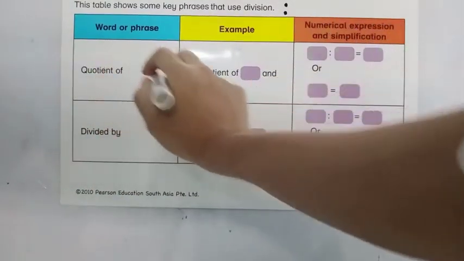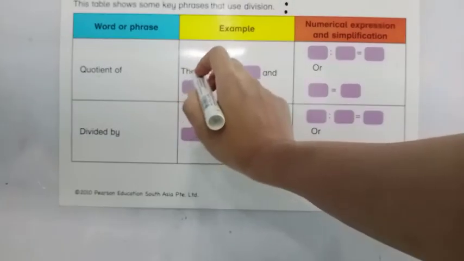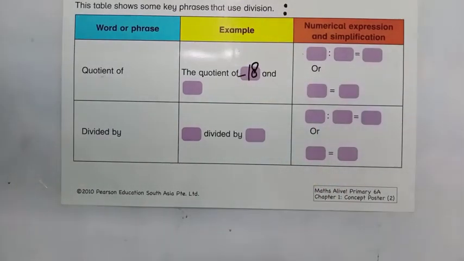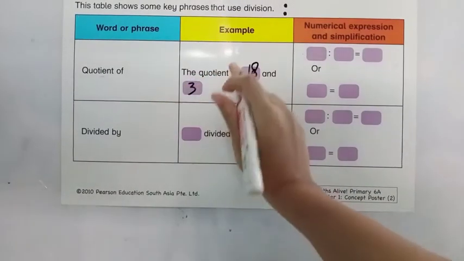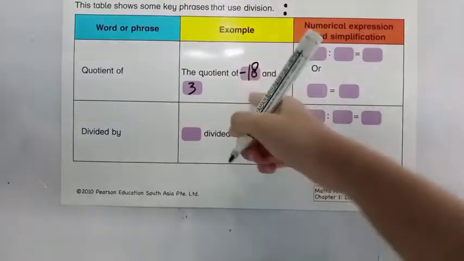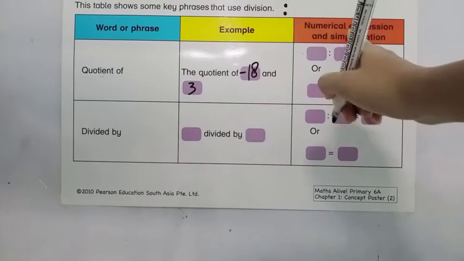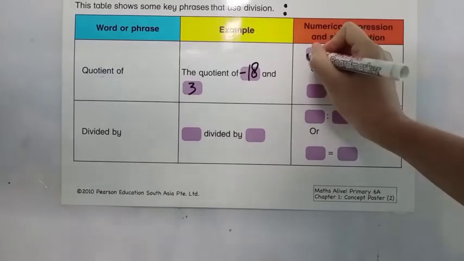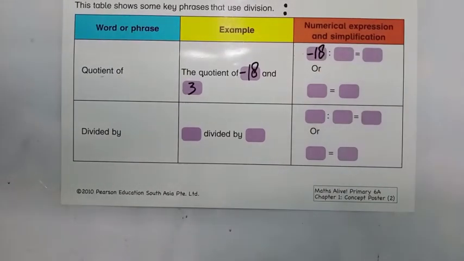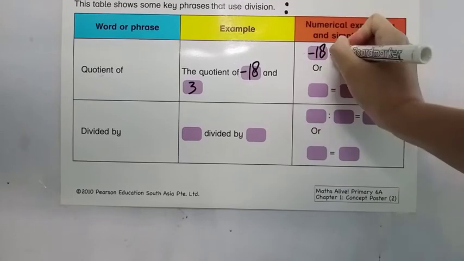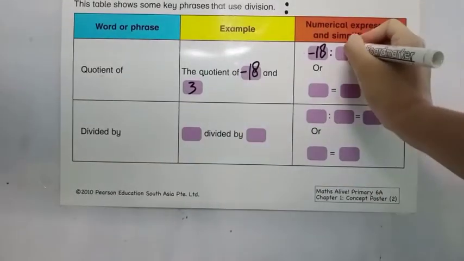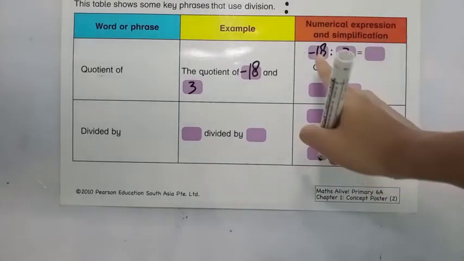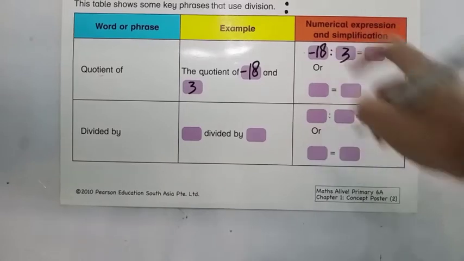First, quotient of. For example, the quotient of negative 18 and 3. How to write it in numerical expression? We first write negative 18 divided by 3. There are two different signs, negative divided by positive.